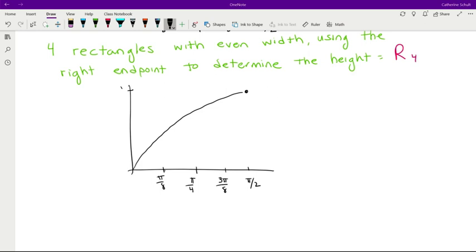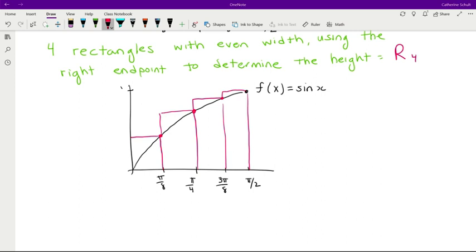So for instance, at pi over 8, we would use, let's write our function, f of pi over 8, or sine of pi over 8, that's going to be the height. So this is the first rectangle of R4. And then the right endpoint of pi over 4, we would map it to the graph, and that's going to be our height. Map 3 pi over 8, and that's the height of the third rectangle, etc., etc.